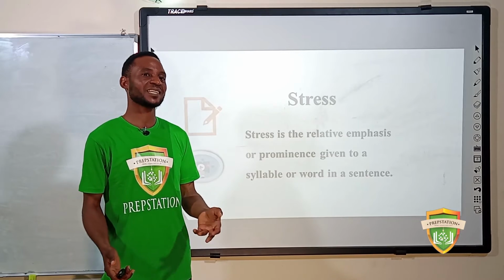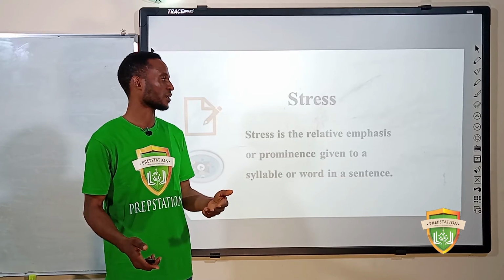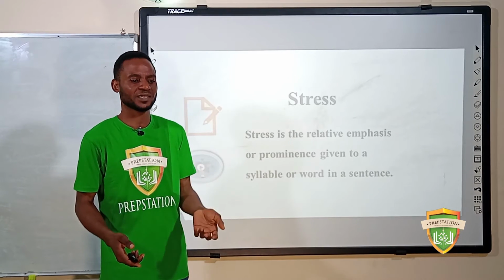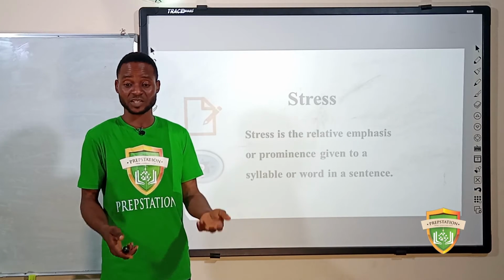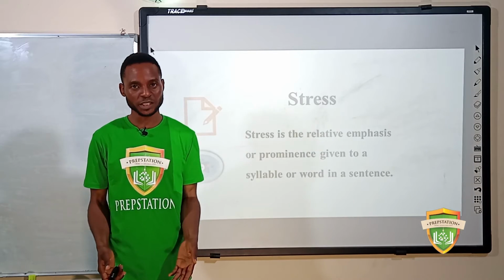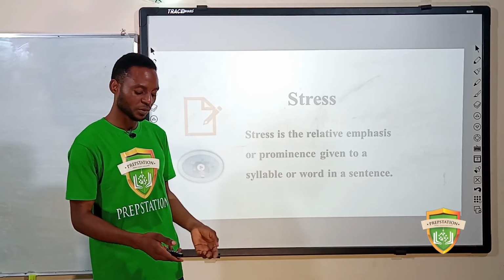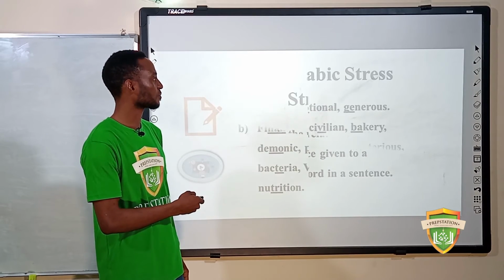So stress at the level of word, we call it word stress, while at the level of a sentence, we can talk of emphatic stress or intonation. So we're going to look at some of them with examples as we move on.